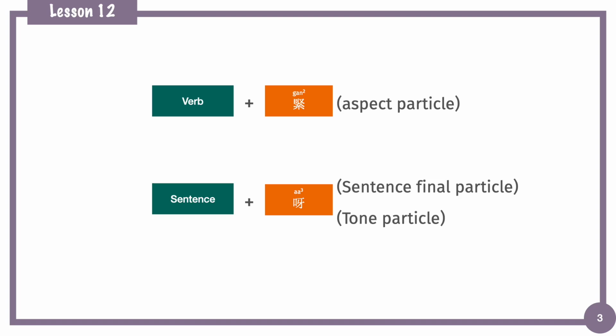But in Cantonese, we can't do it that way because Cantonese is a tonal language. If we change the pitch of some of the words, that will affect the whole meaning of the sentence. That's why the sentence final particle is super important in Cantonese.